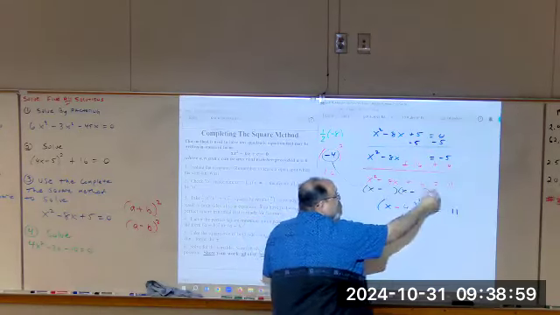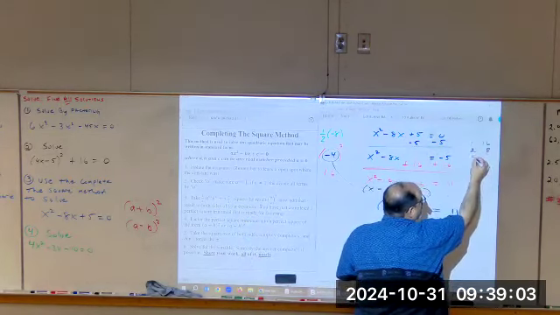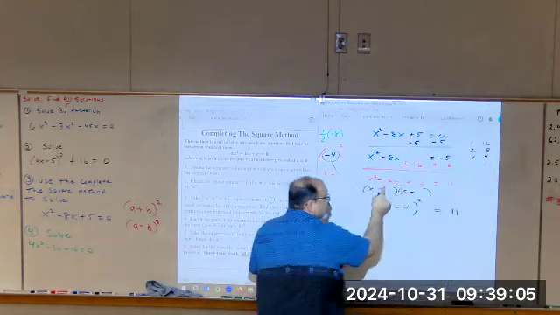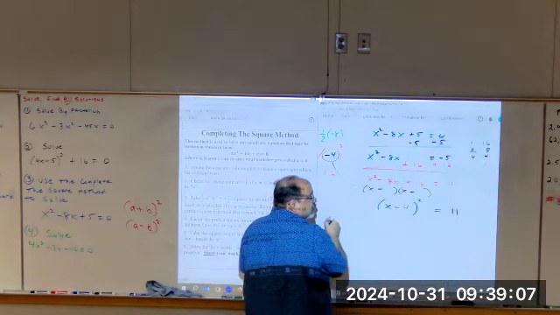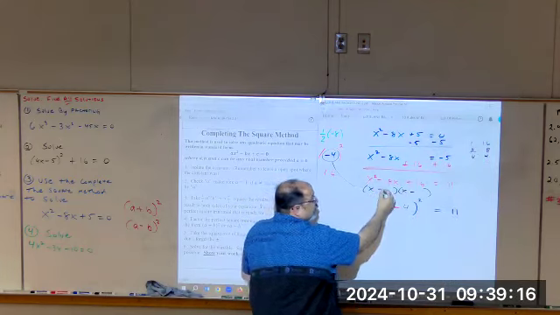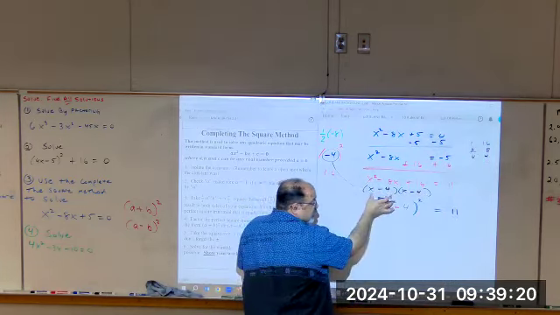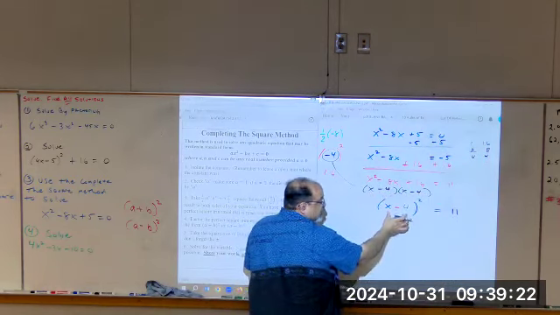And then 16 is either 1 and 16, 2 and 8, or 4 and 4. Which of those would make a negative 8? Would a 1 and 16 make an 8? Would a 2 and an 8 make an 8? No, 4 and 4 would make this 8. And you have x minus 4 times itself, which is (x minus 4) squared.